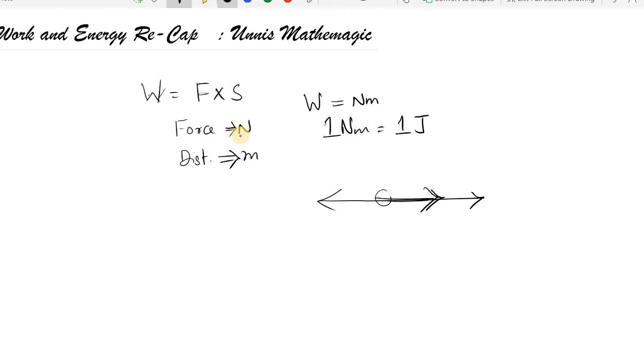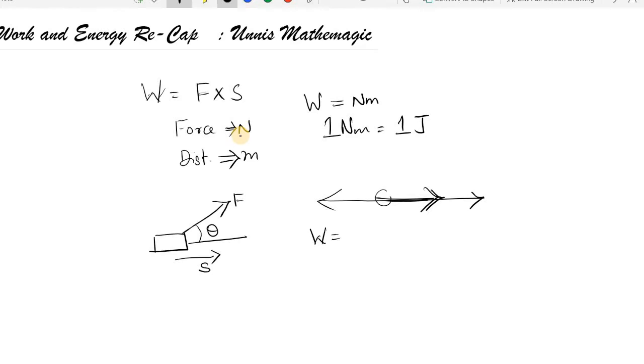Okay. Now, there can be certain cases where I have a body and there's a force which is at a certain angle theta. So, if the body moves a distance s, what would be the work done?